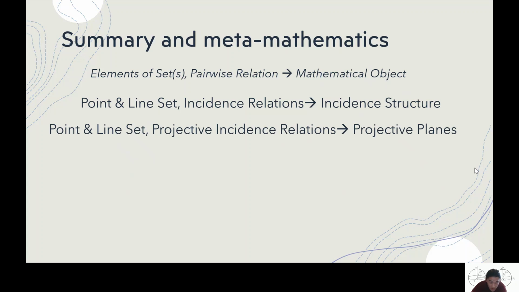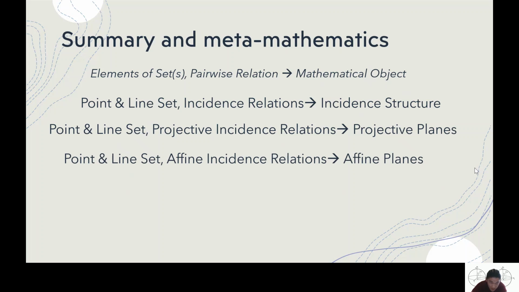We looked at a point set and line set and projective incidence relations, which gave us projective planes. We looked at a point set and line set with affine incidence relations, which gave us affine planes. With each object, we unpacked some definitions and examples, and we connected all of these topics to each other.